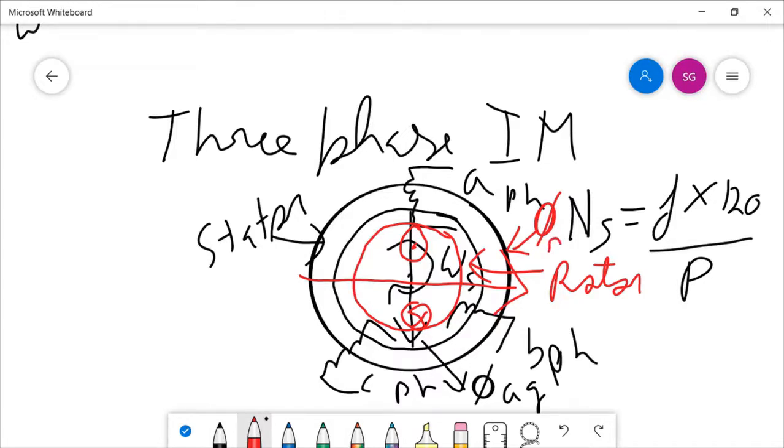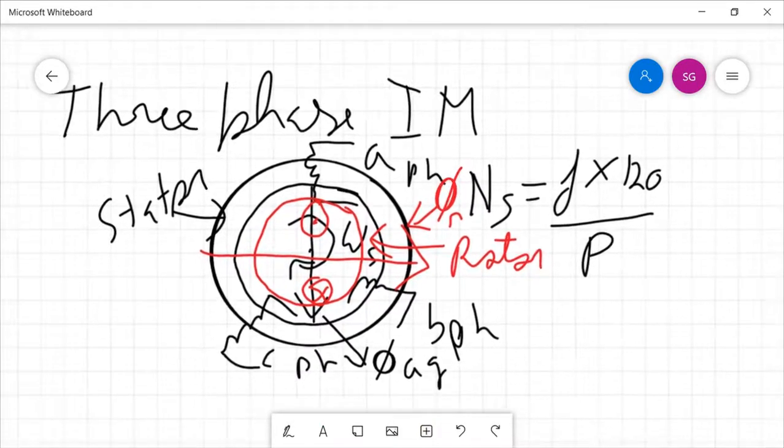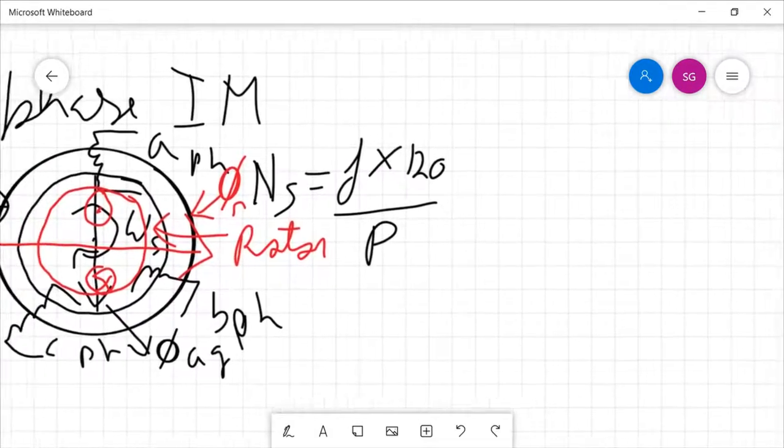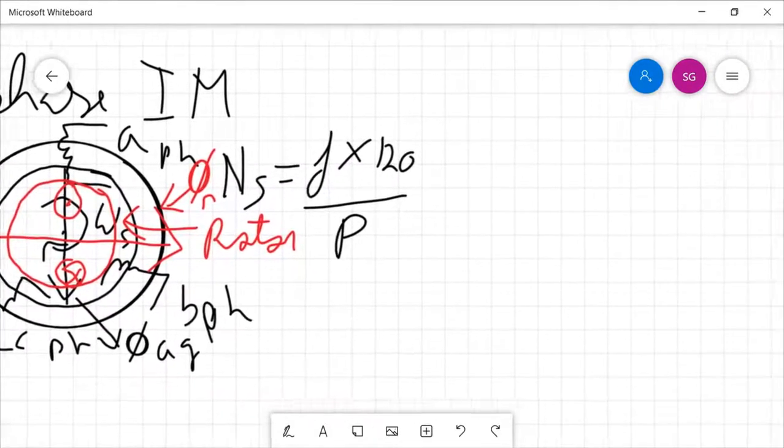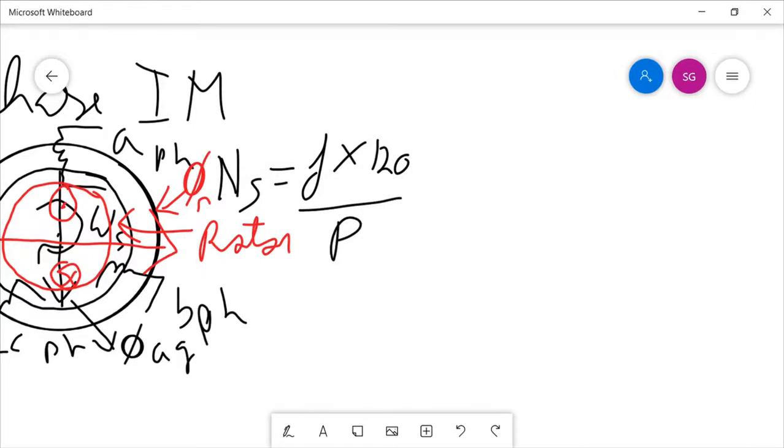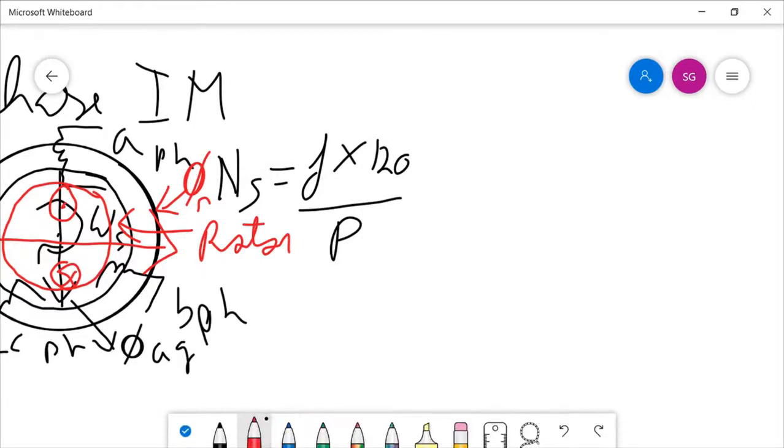Okay, so we can just take the magnet equivalent of this whole phenomenon, because that will be more visible, meaning you can understand physically what is happening.